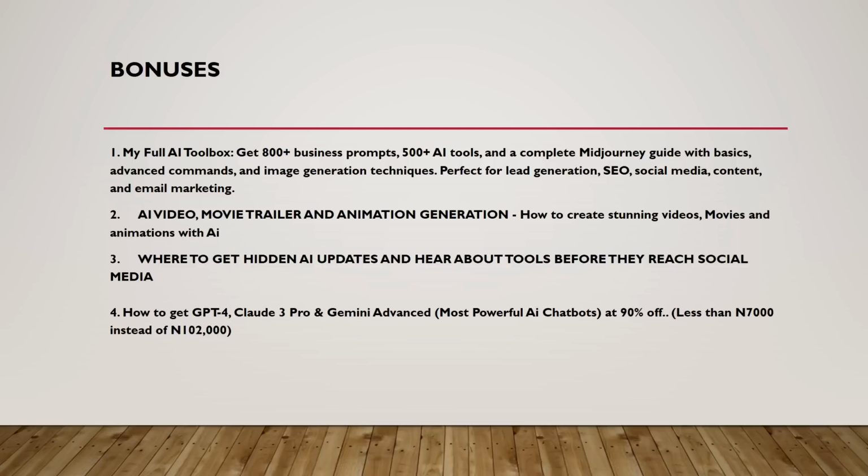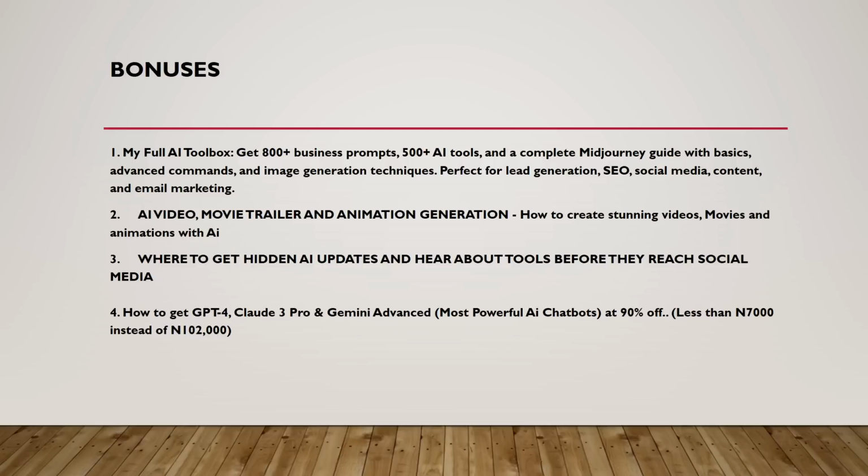Then number four, if you get this bundle you always have it month in month out. How to get GPT-4, Claude 3 Pro, and Gemini Advanced, the three most advanced AI chatbots. Together all three of them cost 102,000 naira. And that's not a one time payment.